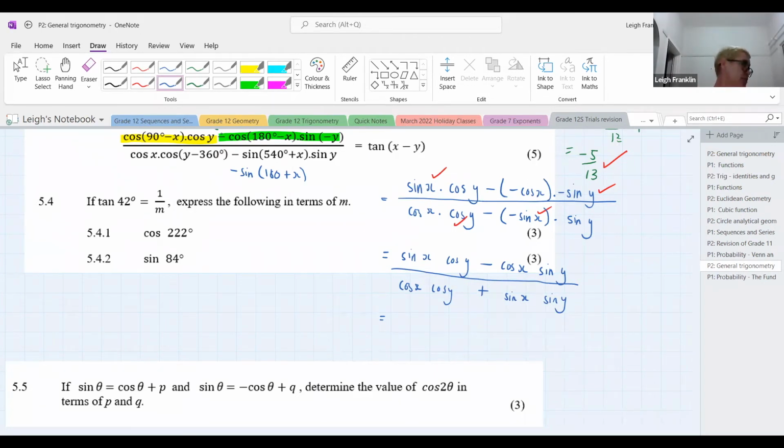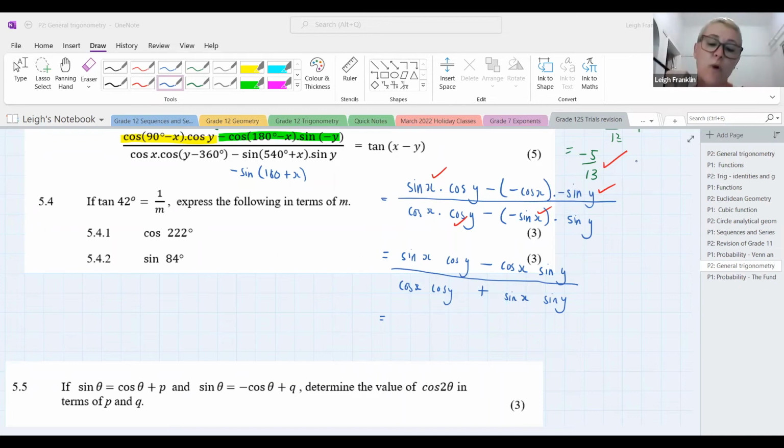Now when we look at those, we recognize that in the numerator and in the denominator, we have what sort of angles? On our formula sheet, they are compound angles, exactly.